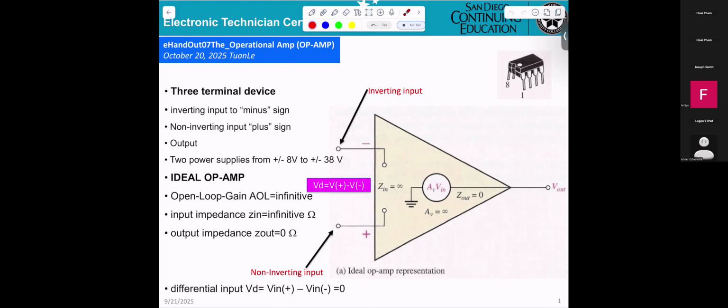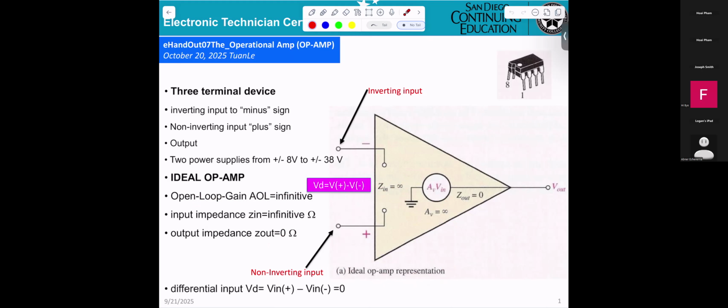For the ideal op-amp, open loop gain will be infinite. That's what they show you here. Input impedance is infinite, and output impedance equals 0. Okay, that's what we're talking about: the ideal op-amp representation.